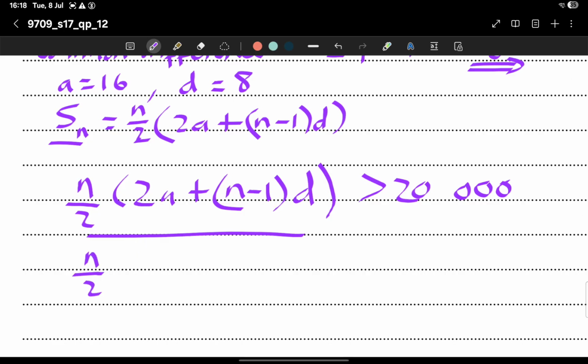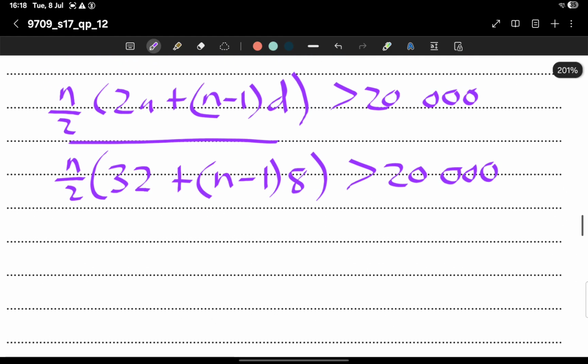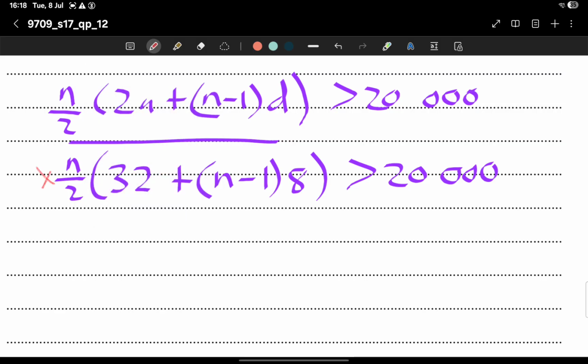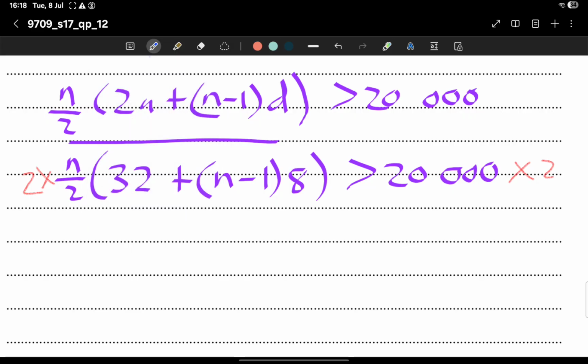So it's n over 2, and our 2a will be 2 times 16, which gives us 32, plus n minus 1, our d is 8, being greater than 20,000. And so we can multiply both sides by 2. Having done that, we'll get n times 32 plus 8n minus 8 being greater than 40,000.